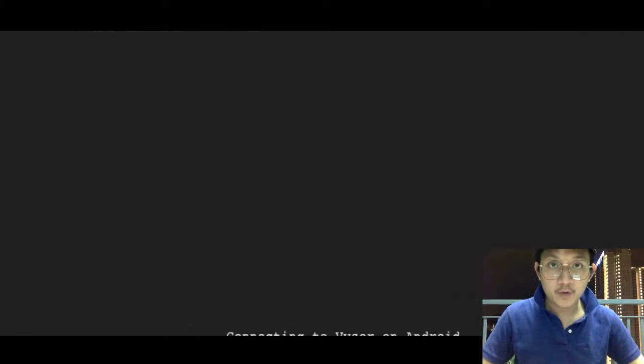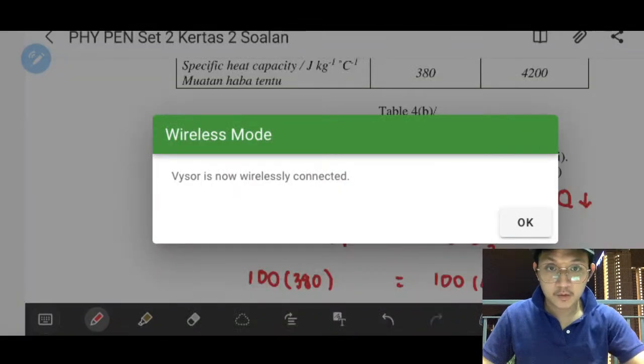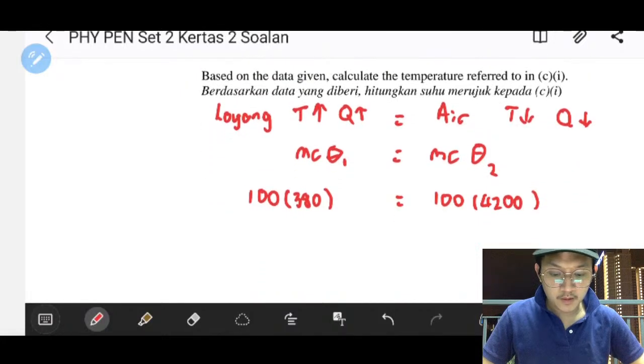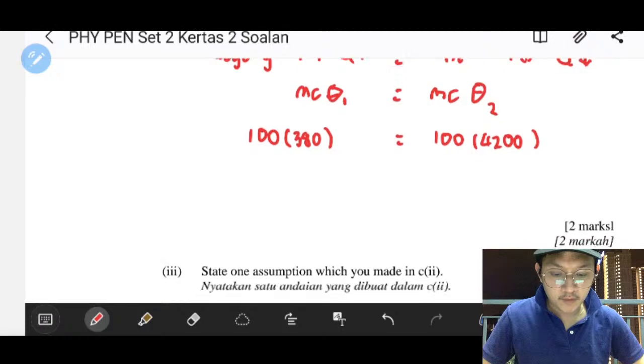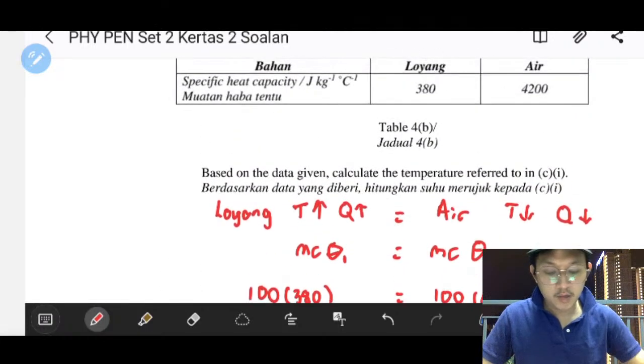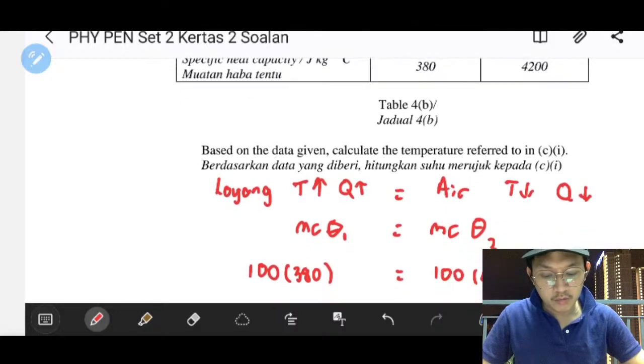we can have a look, okay? 4,200. Okay, so data satu. We know loyang ke increase in temperature. So, saya tahu bahawa suhu akhir data tolak 30. Increase in temperature. Suhu akhir, suhu awal.